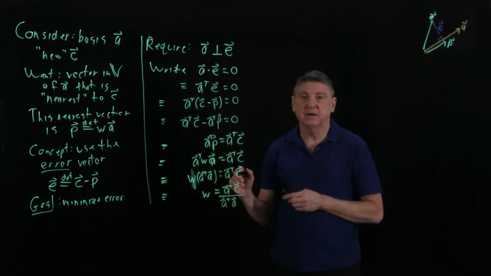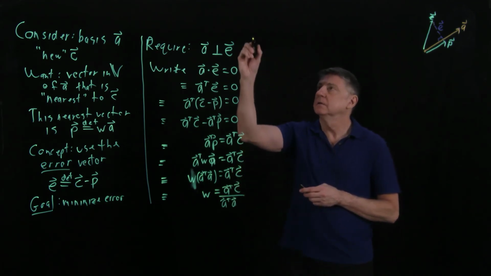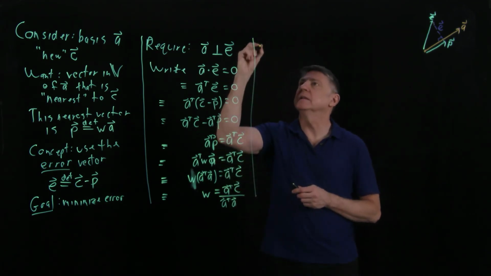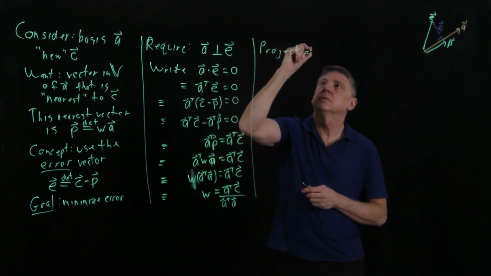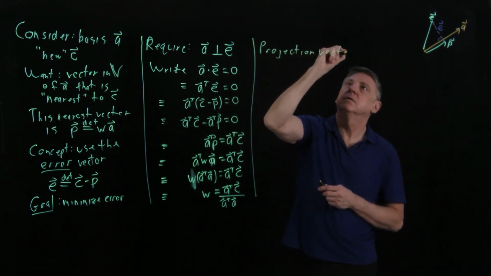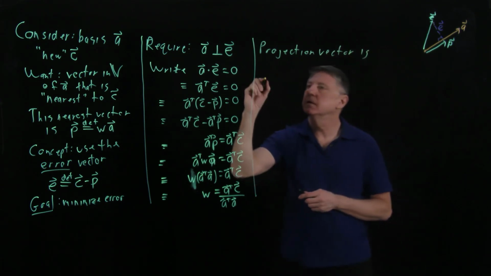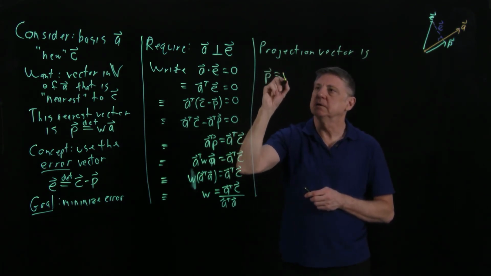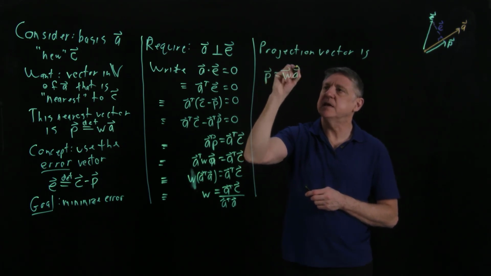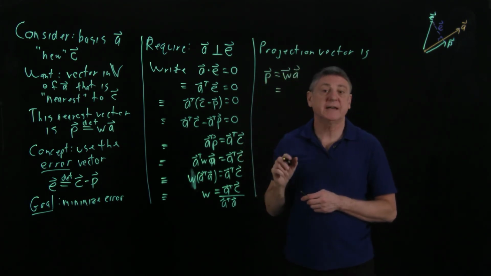And that implies that the projection vector is P equals W times A. And I could now write that explicitly.